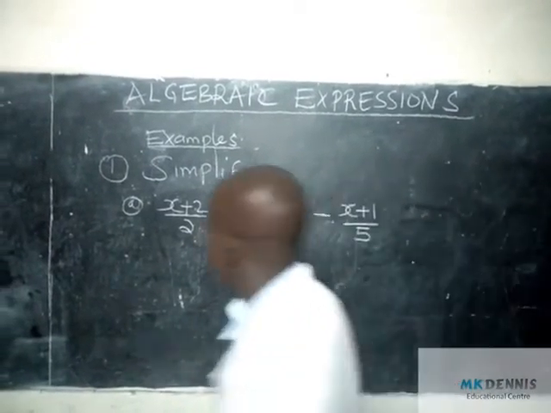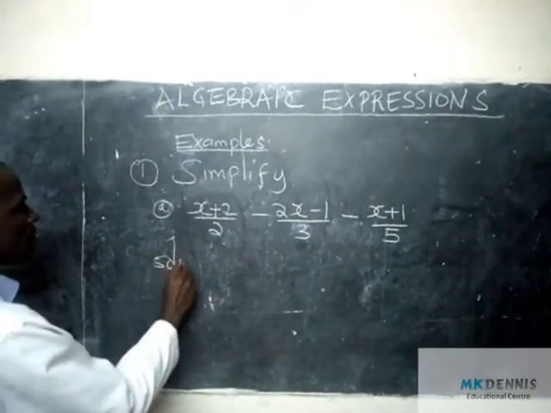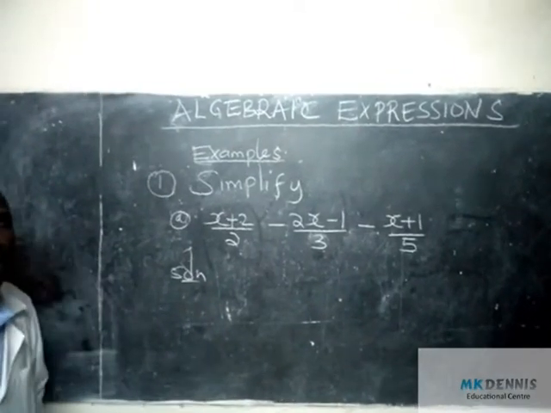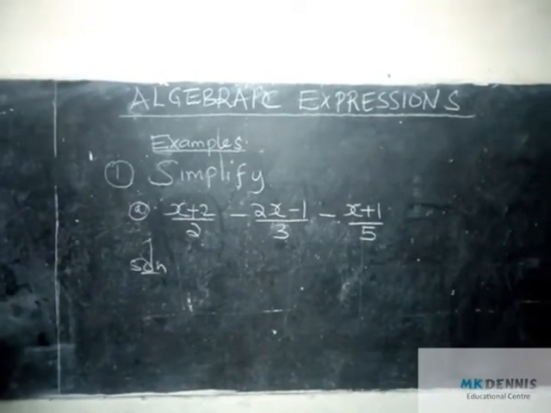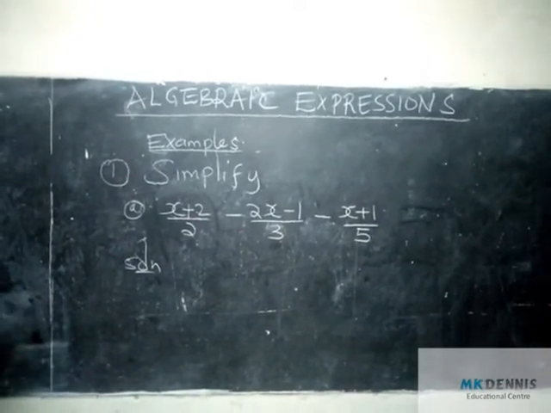Now to solve this problem, the first thing is to get the LCM of 2, 3 and 5. The LCM of 2, 3 and 5 is 30.